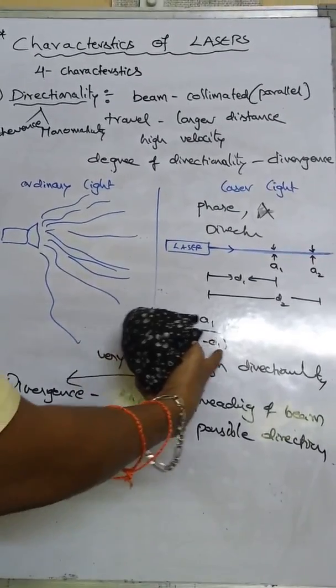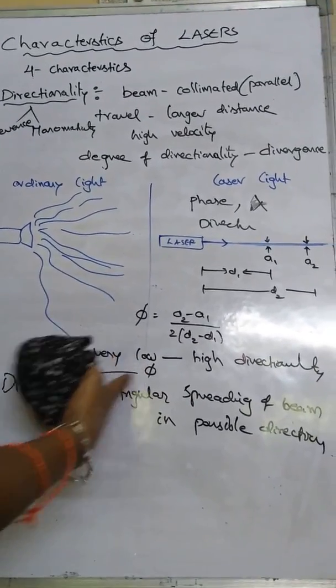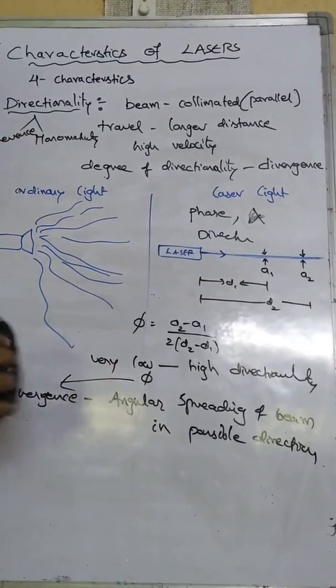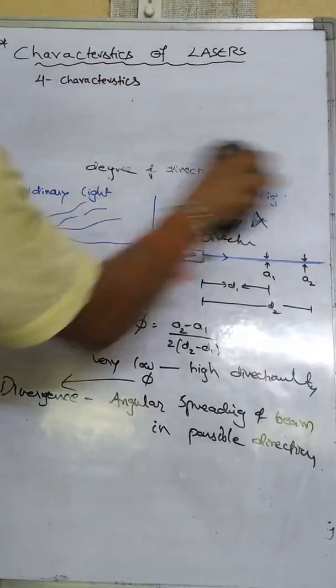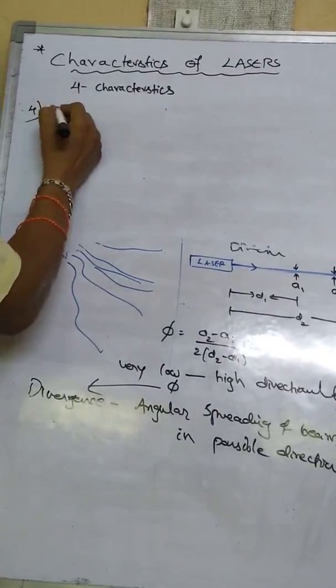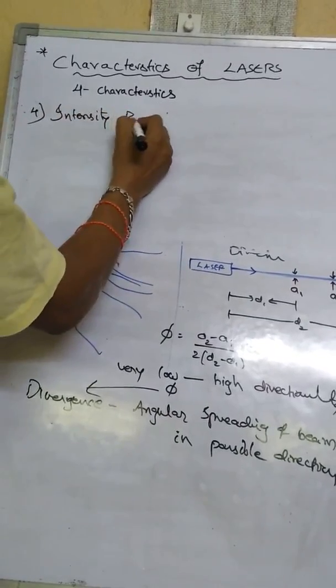As a result, the denominator dominates and the parameter phi decreases, maintaining low divergence. And next, coming to the fourth point, which is the last one, the fourth one is intensity or brightness.